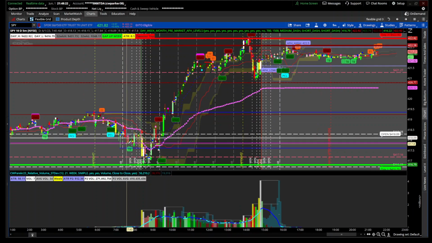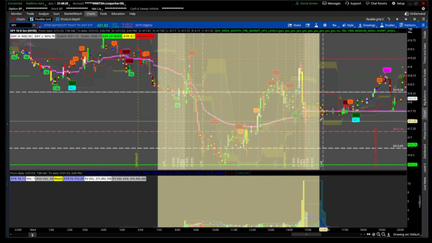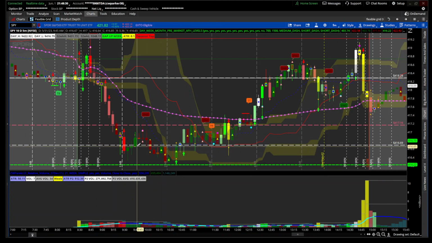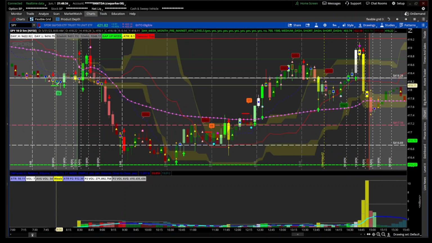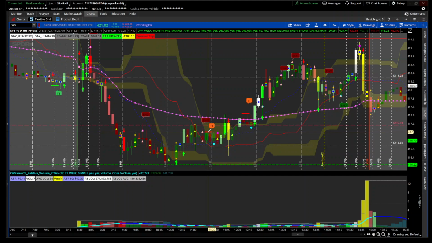So there's a tweezer bottom indicator in this as well. The tweezer tops and tweezer bottoms work off of momentum. So if momentum is to the downside, you can get a tweezer bottom and possibly a push up, or you can get a tweezer top if momentum is to the upside.